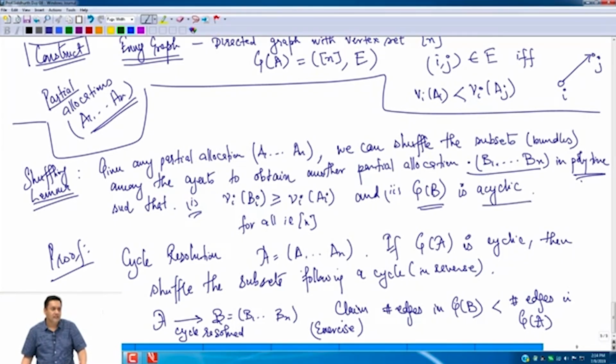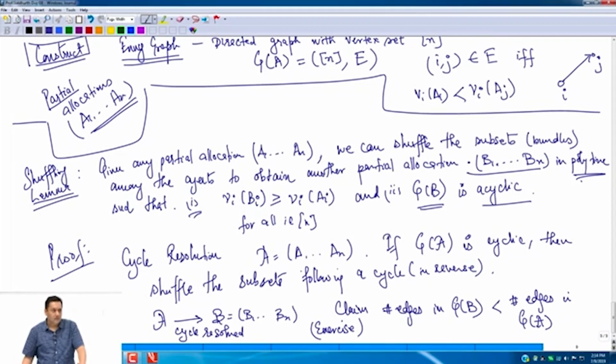You reach a final partial allocation B where the NV graph is free of cycles. So from A you go to B, you look at the NV graph, if there's a cycle you again repeat, rinse, repeat till you finally get to a partial allocation where there is no cycle.